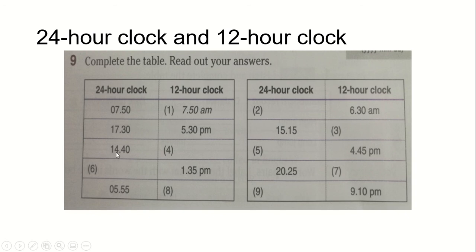So for example, let's look here, 14:40. It's after 12, so we take out 12. So what it becomes, sorry, it should be 2:40 p.m. And we have to add PM here.